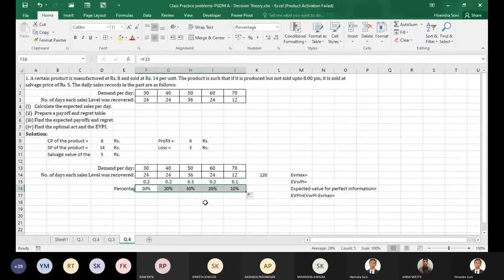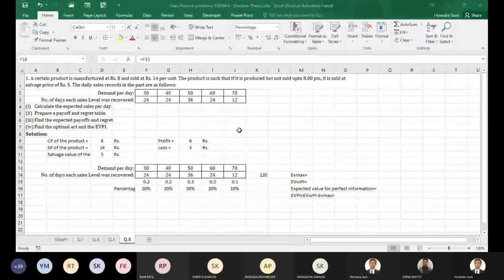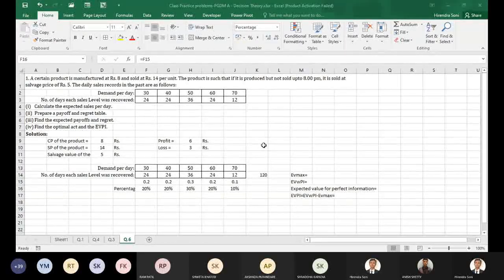Now, पहला चीज बोलता है calculate the expected sales per day. अब ऐसे केस में when he is asking me to give me an expected sales per day, my expected sales per day could be how much? अभी तक जो भी इंफॉर्मेशन मिली है उसके बेस पर कैन वी डू समथिंग? एनी आइडिया?